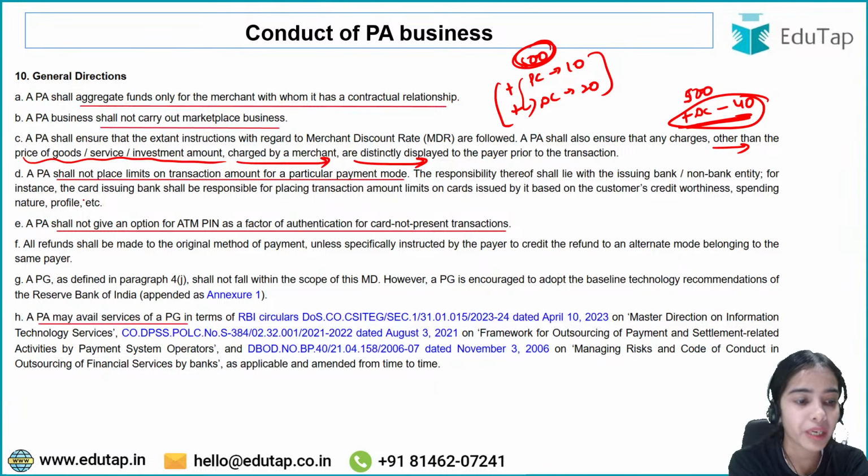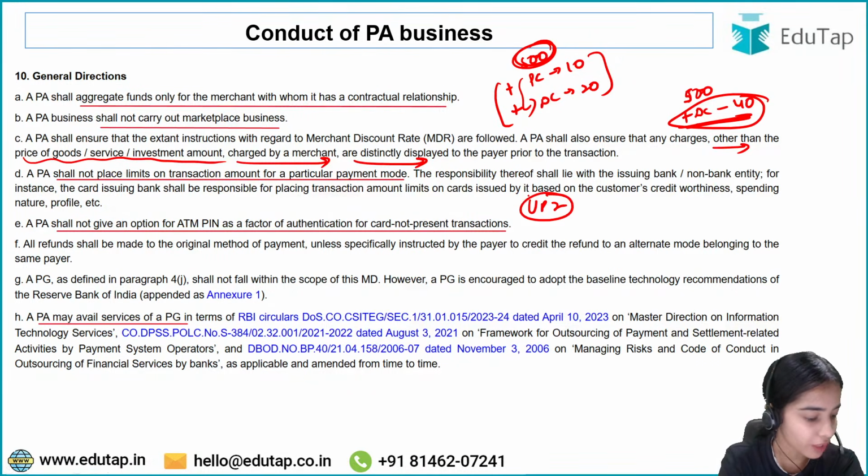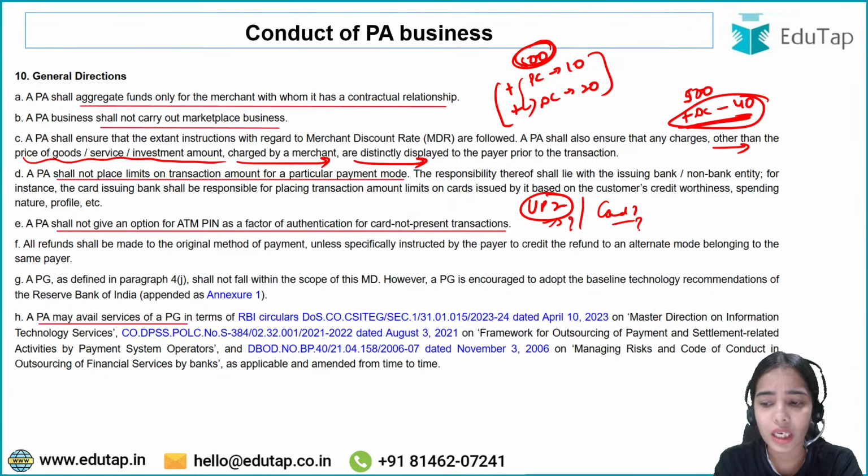The payment aggregator shall not place limits on transaction amount of a particular payment mode. That means, for UPI, what will be the amount? For the other transactions, what will be the amount? For card transactions, what is the limit? As well as for the different banks and different PPI wallets, what is the limit?